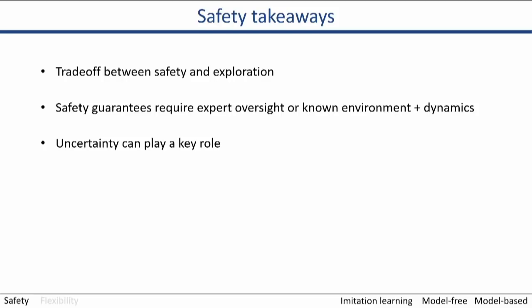Was that addressing what you were asking? It's like this drone that you showed. At a certain point, it will reach an area that it's not familiar with. So how can safety help you there? Yeah, so the hope is that if you go to a part of the state space that you've never seen, you can still take actions that might minimize damage, but you're still in the state space.